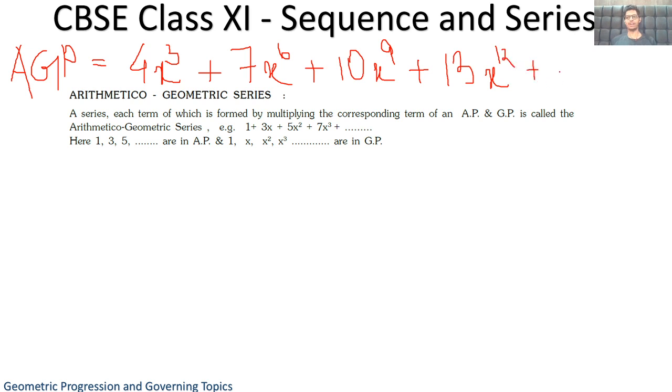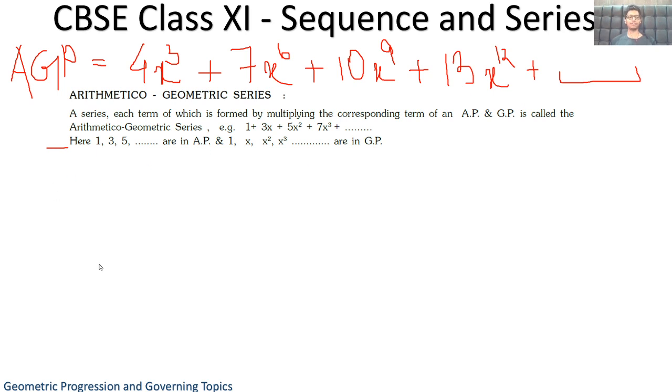Now commenting the answer, what should be the next term? 16x to the power 15. Perfect Ravi, that's what we meant.